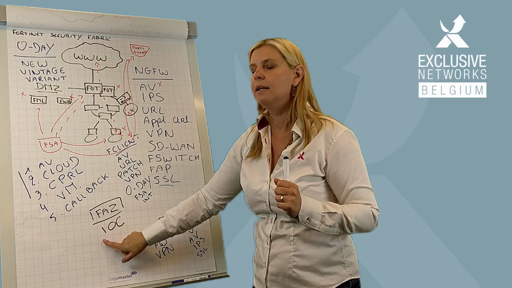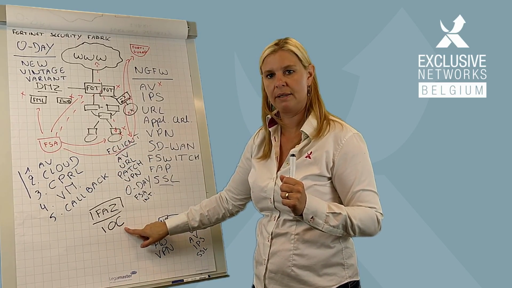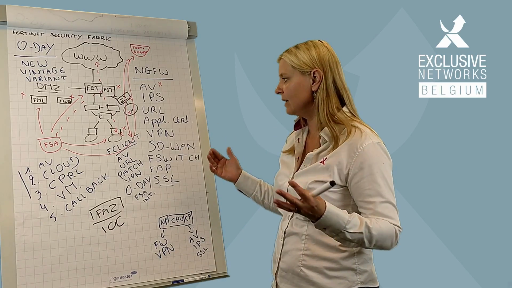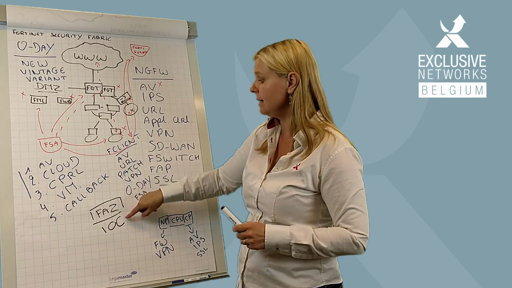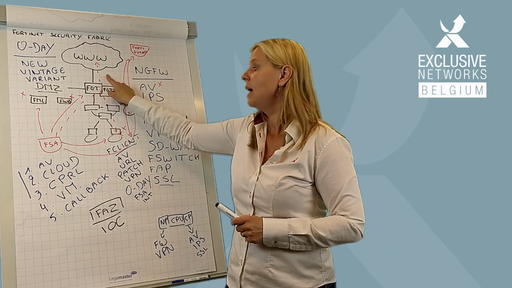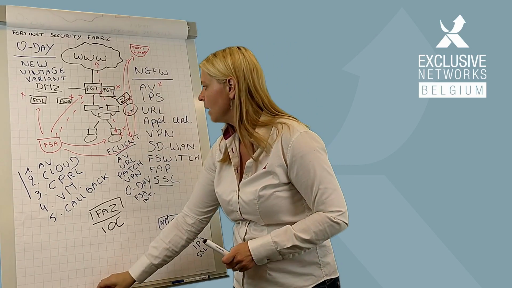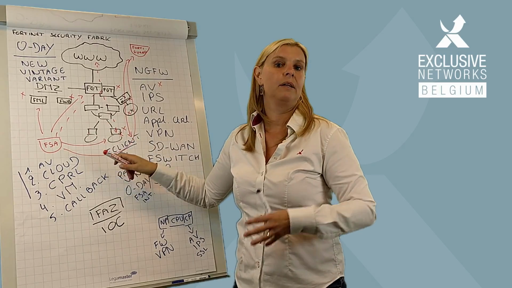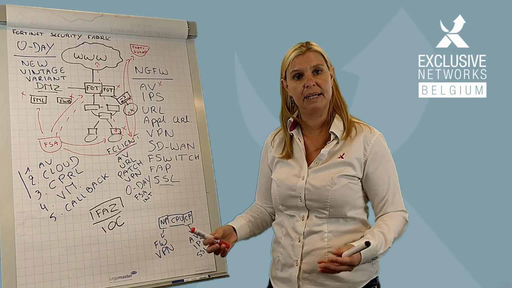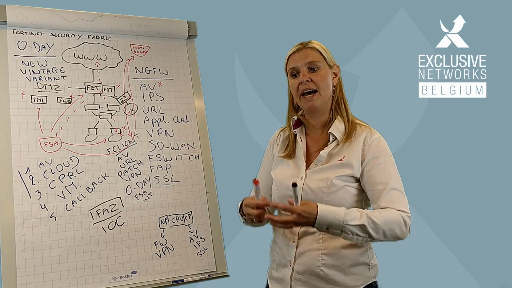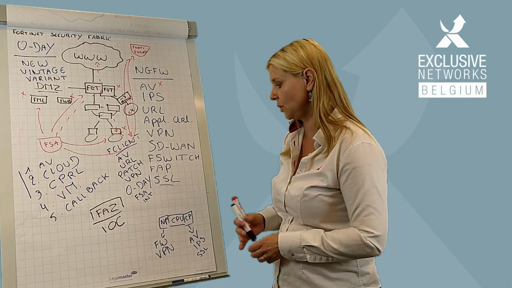So there might be an indicator of compromise. And again, what we can do is send that alert to the Fortigate, and Fortigate can either block a port or quarantine Bob's laptop from the internet again, until we have resolved the security issue.